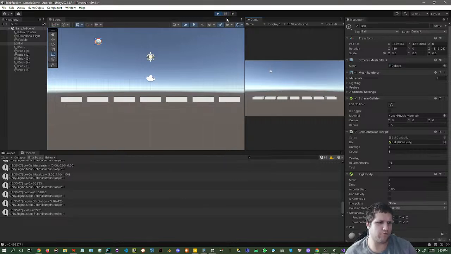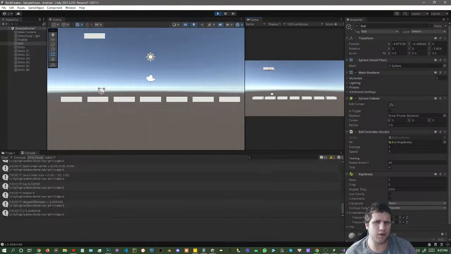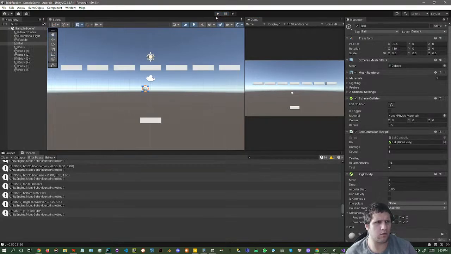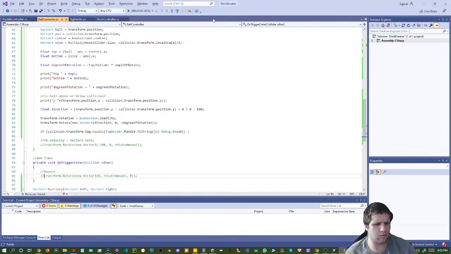A degree of rotation of 3 now. Huh. How can the degree of rotation for my paddle be so small?